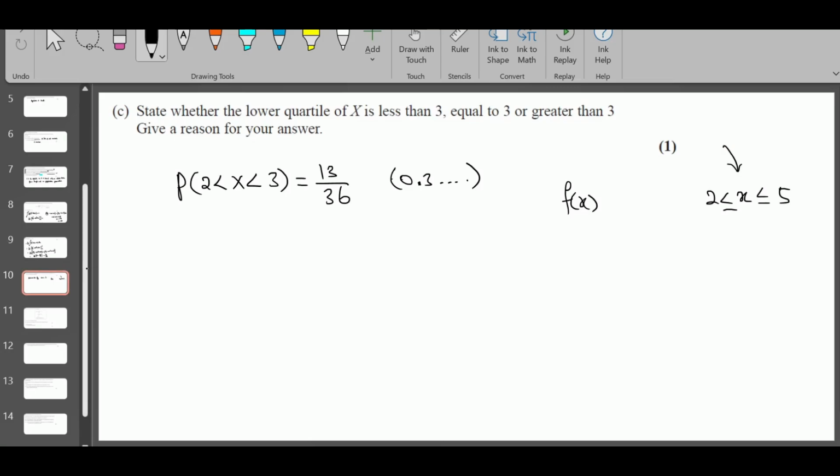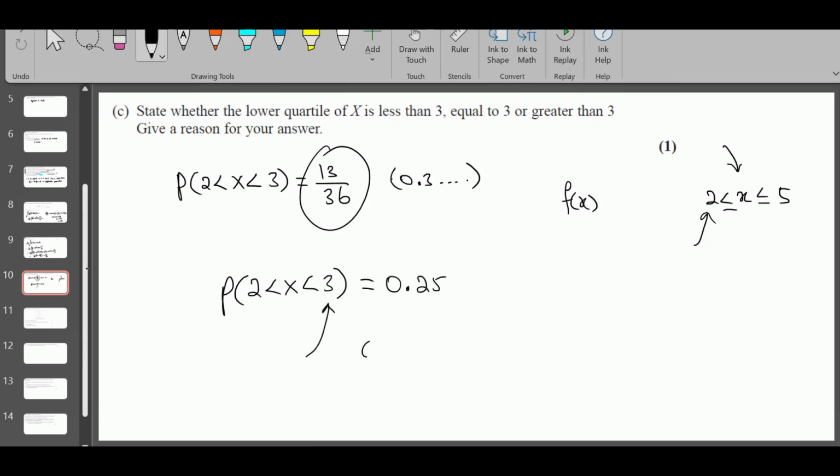So when we find the probability from 2 to 3, the lower limit to some point in between the limits, for example, let's say you get 0.25. Then definitely this value is the lower quartile, because from 2 to 3, for that quadratic function, this area is 0.25.